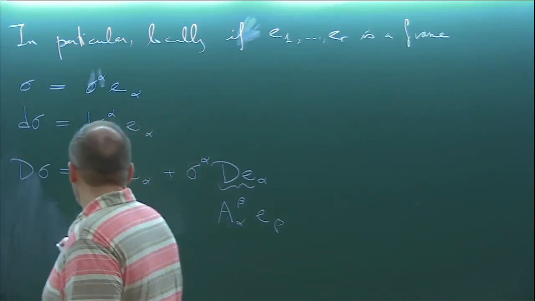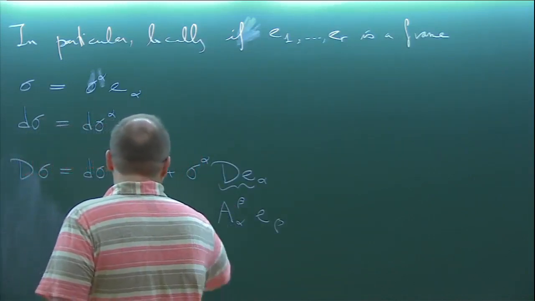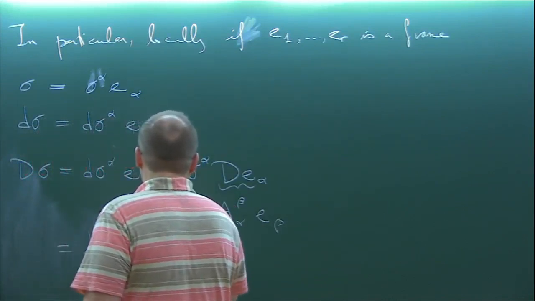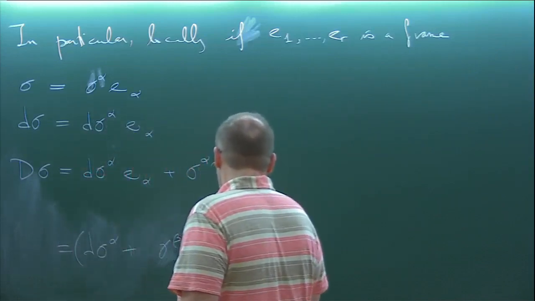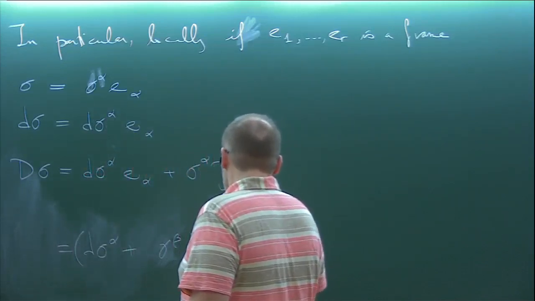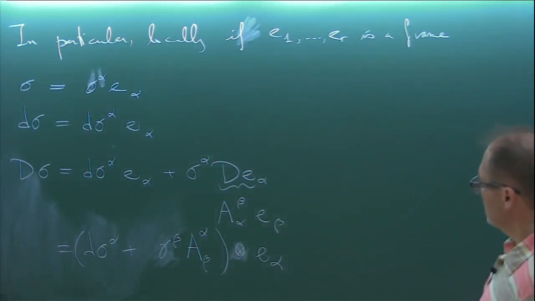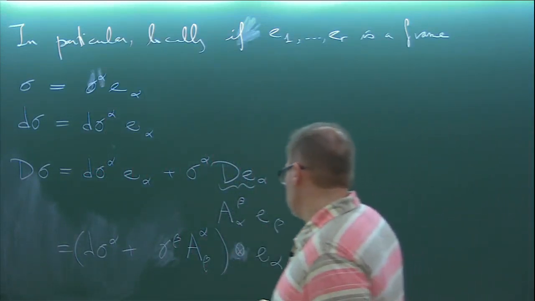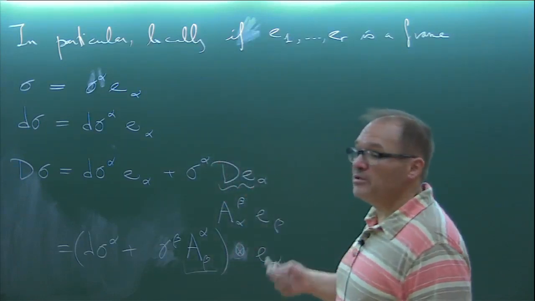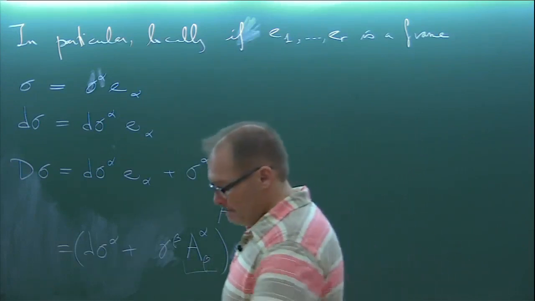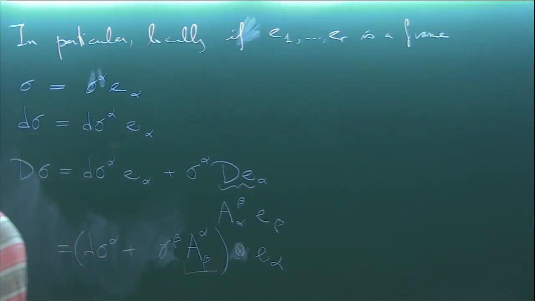So you can write this whole thing as d sigma^alpha plus sigma^beta A_beta^alpha, tensor e_alpha. And so this quantity here is called the connection one form. So it's a matrix of one forms. Okay, that's the local description.